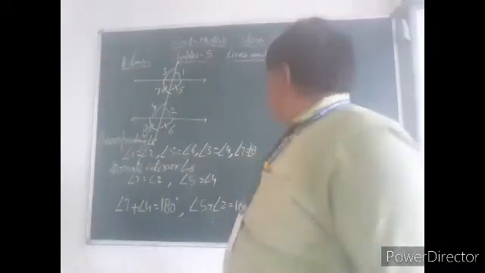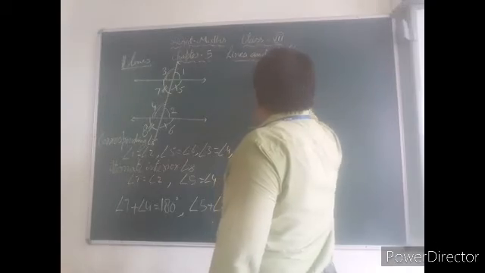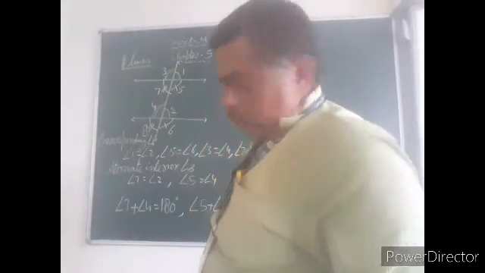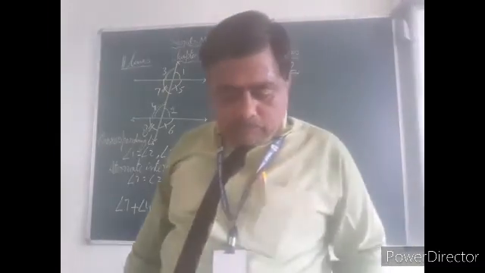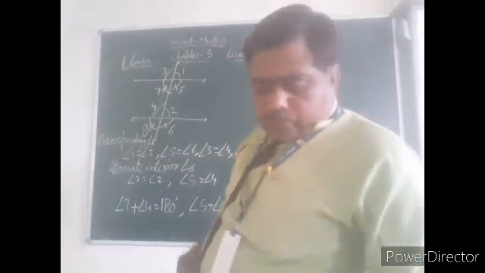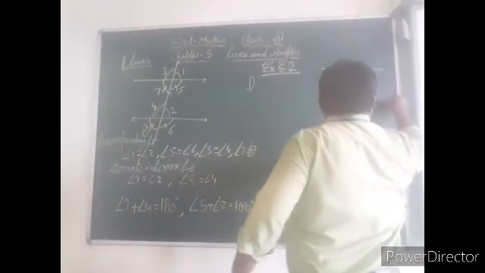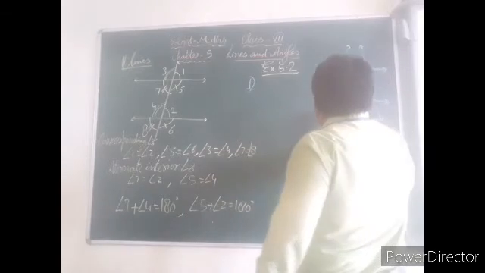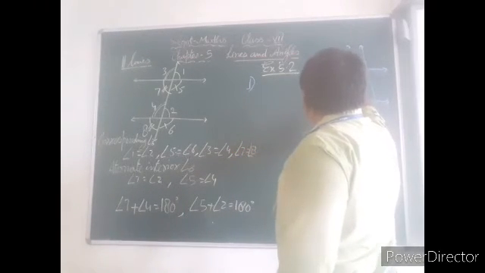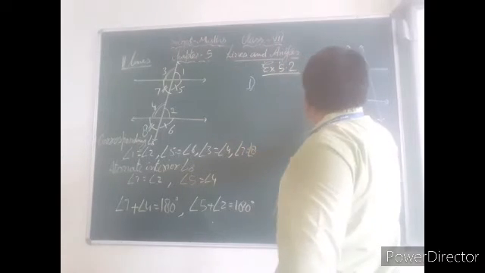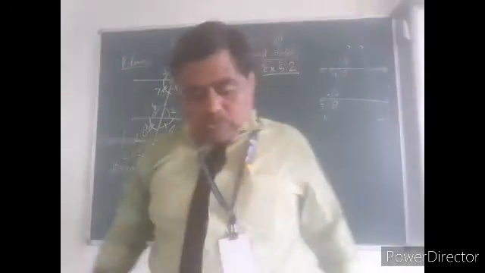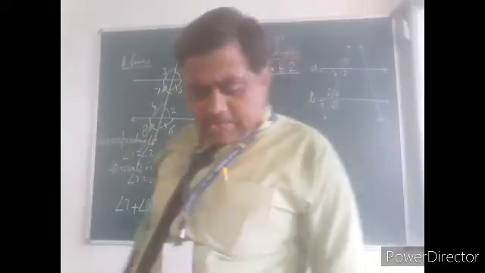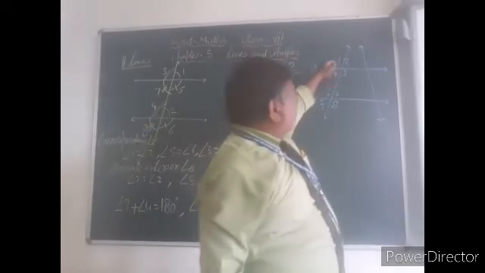So exercise 5.2. Question number 1. If A parallel to B, this is A and this is B. If A parallel to B, then angle 1 is equal to angle 5.